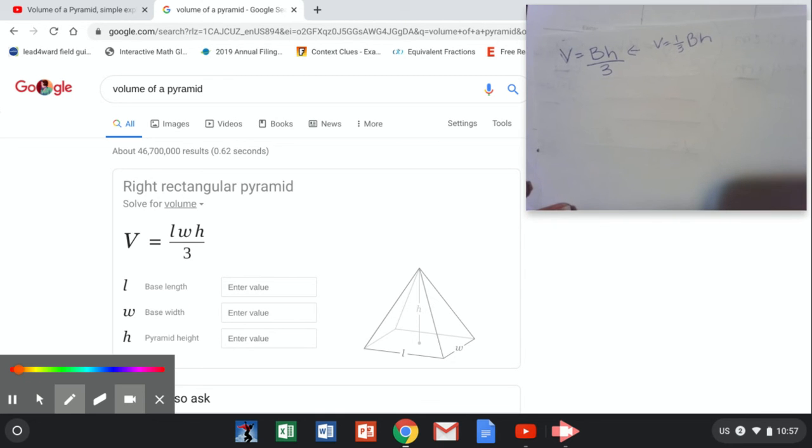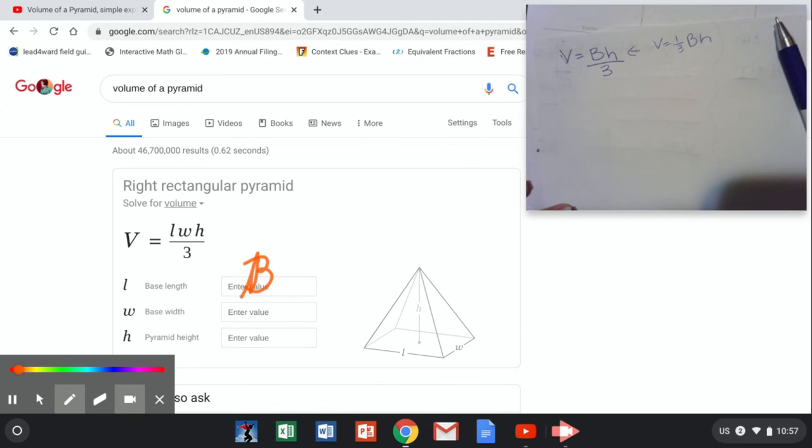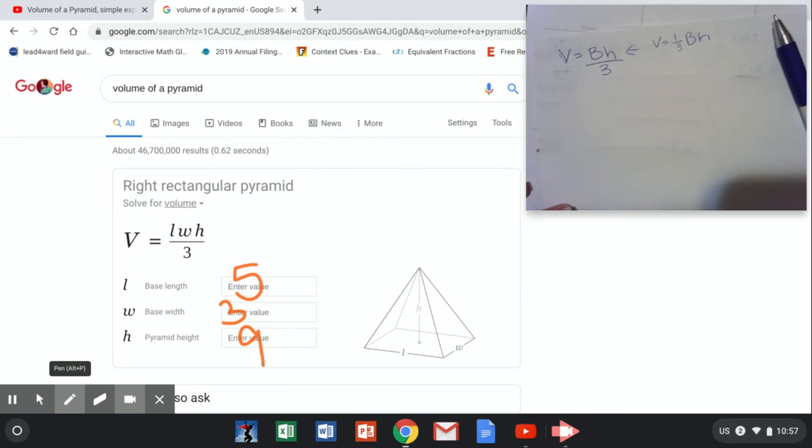So if I make my base, in this case, I'm going to make my length 5, my width 3, and my height, let's go ahead and make that 9, okay?